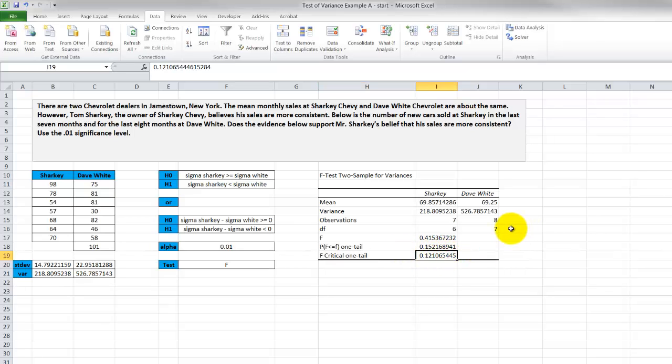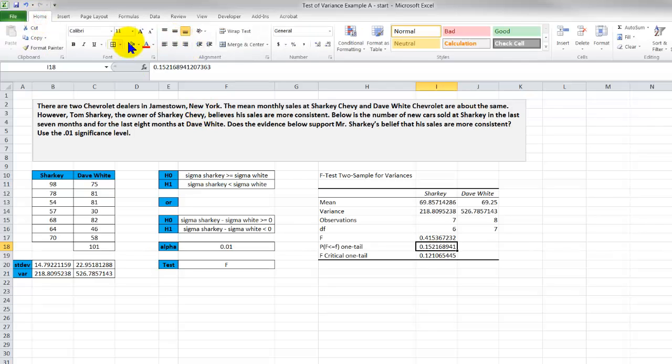Well, again, this is an awkward situation because we have put Sharky with the lowest variation in the numerator and left David White in the denominator. So what I would highly recommend is, regardless of the order that you put your samples in, look at the p-value. The p-value is going to say the same thing if we interpret the F statistics and critical value correctly.